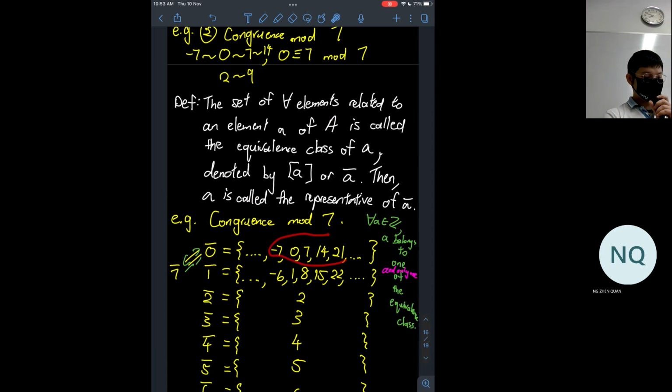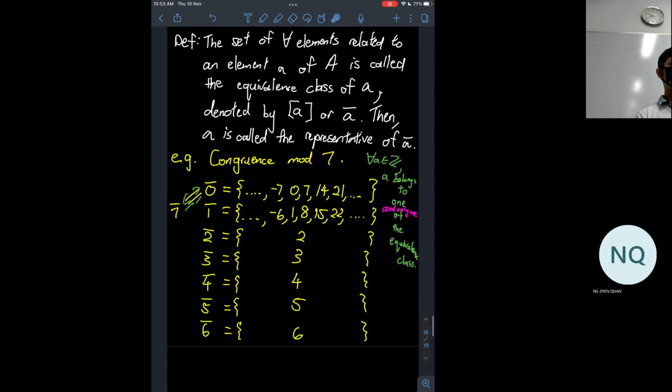They are the multiples of 7. So for an equivalence class, you need to ask for the equivalence class of an element, and then ask what elements are equivalent to it. All the elements equivalent to this element are in the equivalence class.